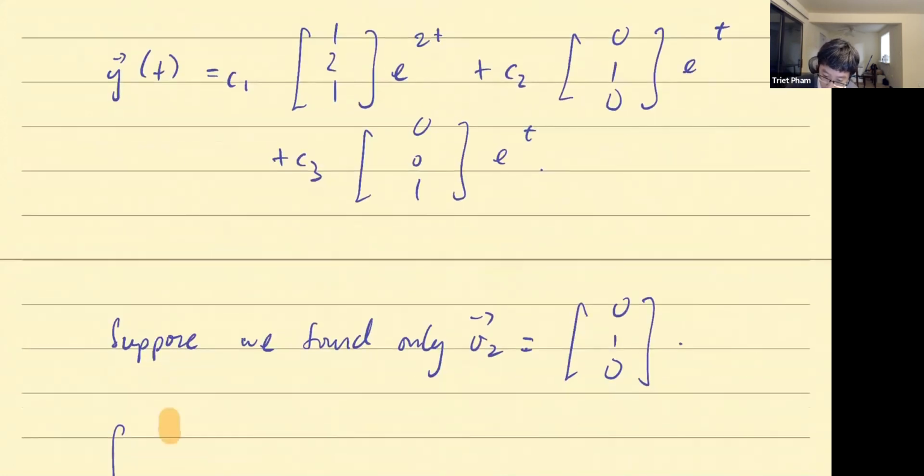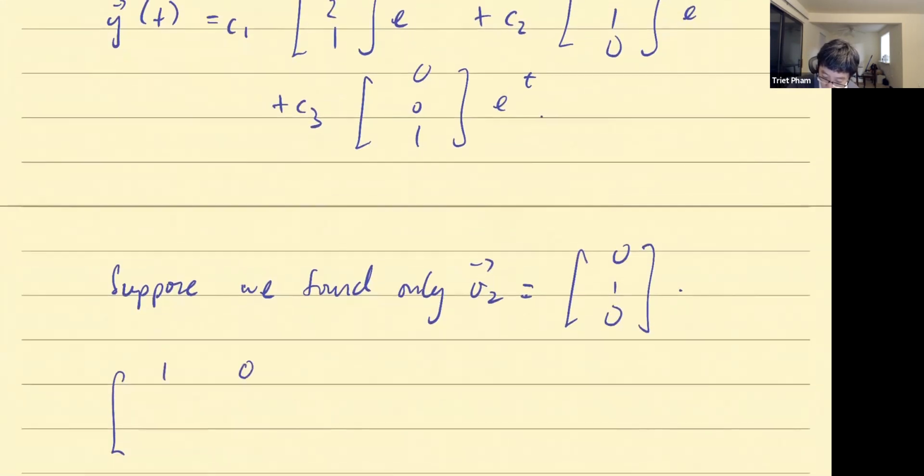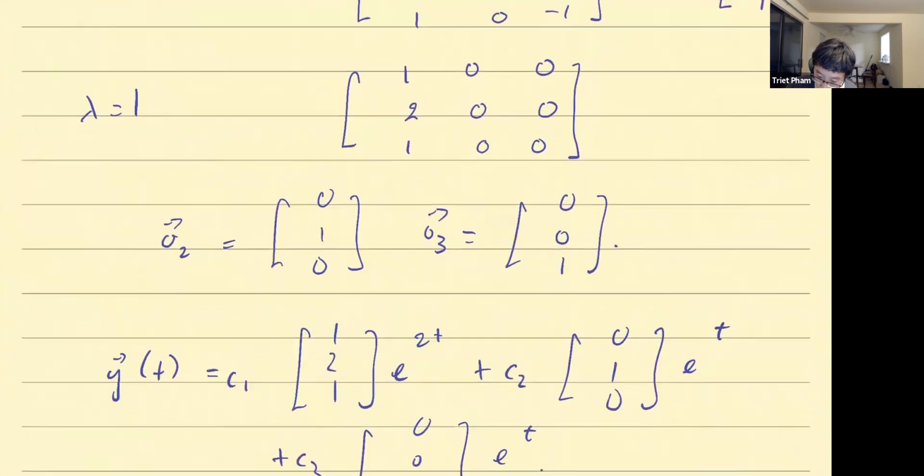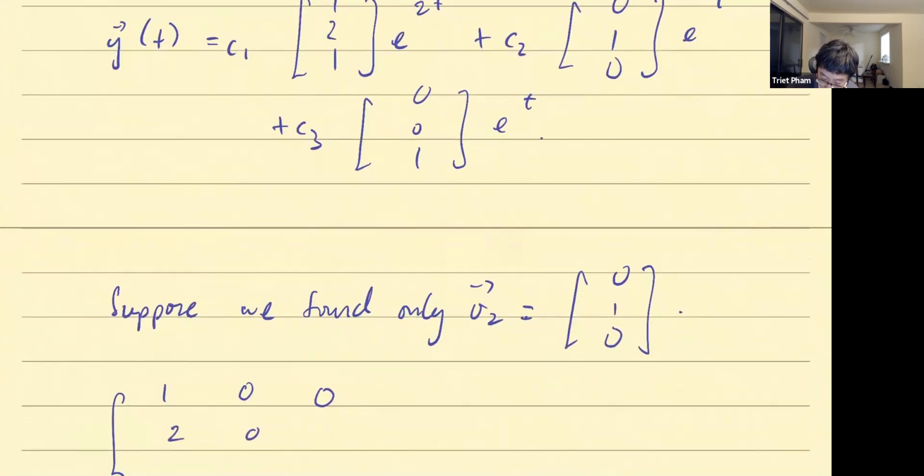(1, 0, 0; 2, 0, 0; 1, 0, 0) times V3 equals (0, 1, 0).